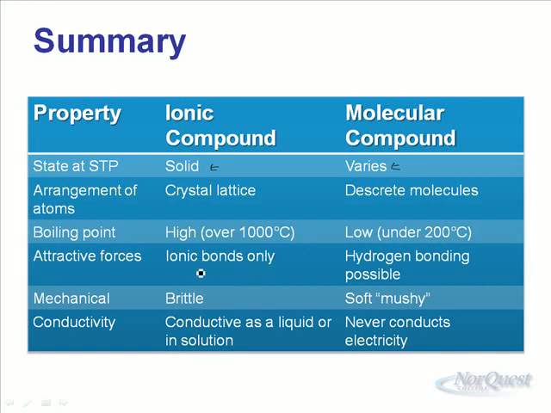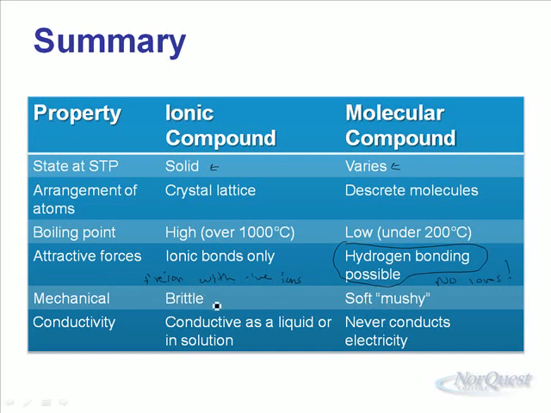In terms of attractive forces, we only talk about hydrogen bonding in molecular compounds. In ionic compounds, there's only ionic bonds, it's just ions and more ions, or positive ions with negative ions. Here, there are no ions. So there can be hydrogen bonding if there's hydrogen plus either oxygen, nitrogen, or fluorine, but there's no ions.